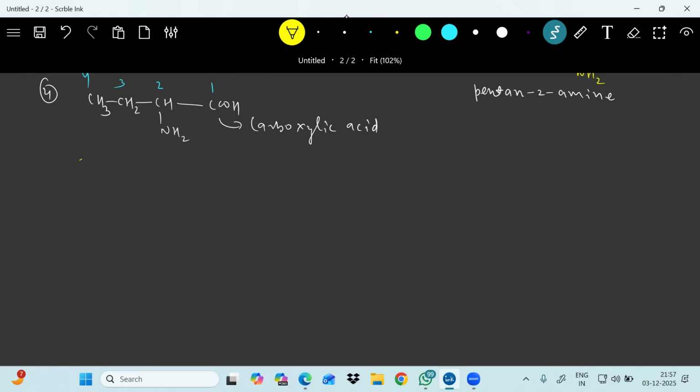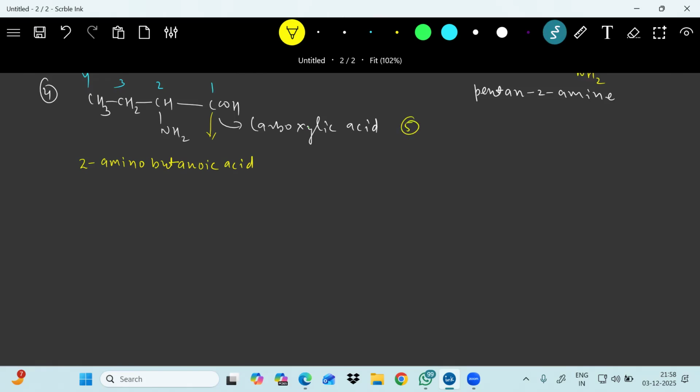So we can write amino present on the second carbon. So 2-amino, and the four-carbon chain is but, with a single bond, so ane; the e is removed and oic acid is added. So it is 2-aminobutanoic acid. Have you got it?